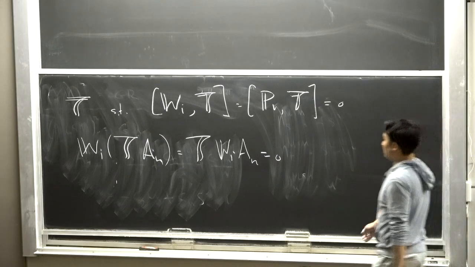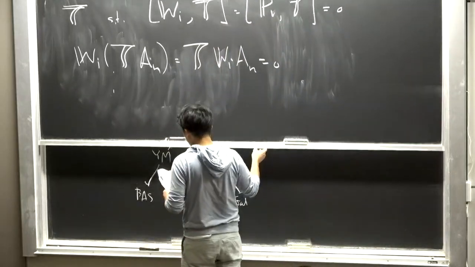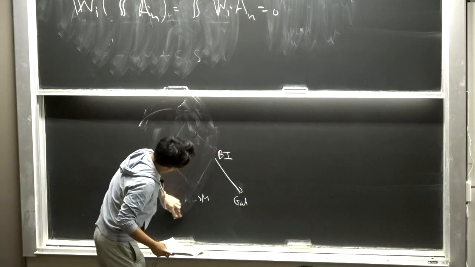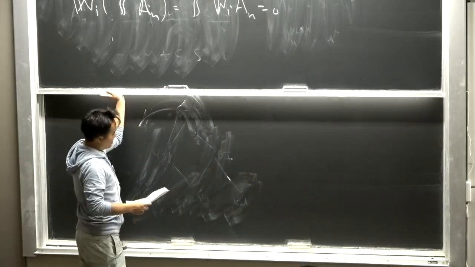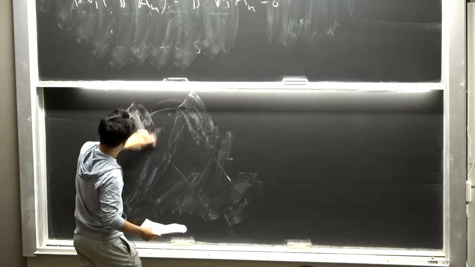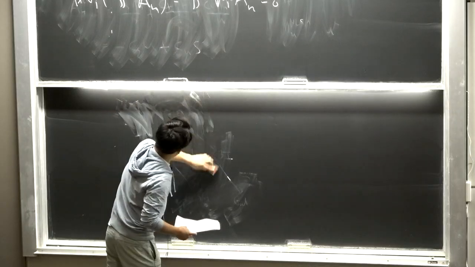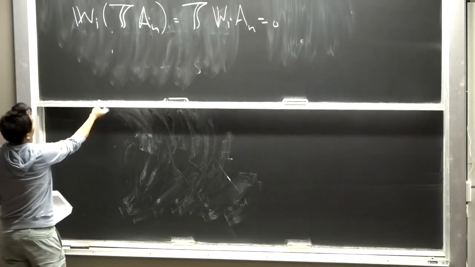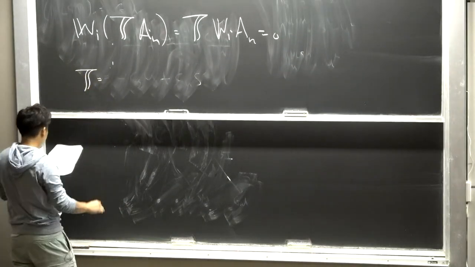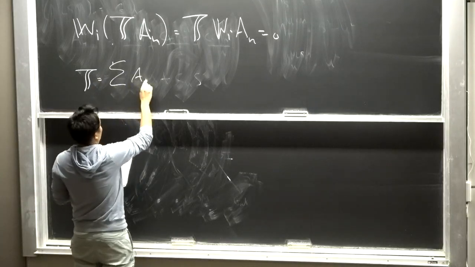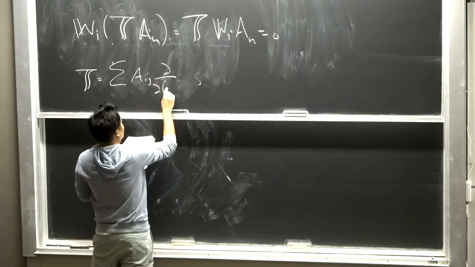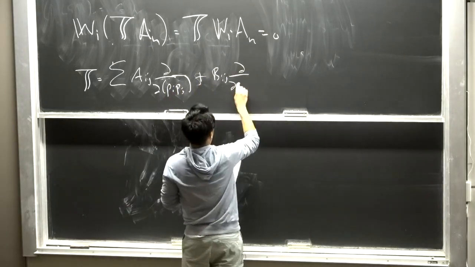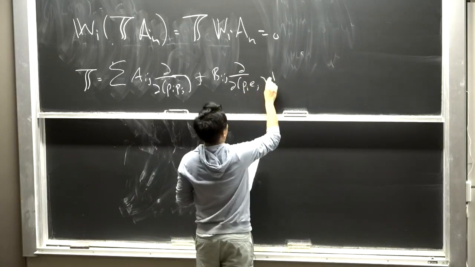Now you can systematically bootstrap such an object, and we're going to do it the way we do everything. Actually, I won't go through the details of it, but I can point you to a paper if you like. You could, for instance, write an ansatz for T. I could write this as A_ij ∂/∂(P_i·P_j) plus B_ij ∂/∂(P_i·E_j).